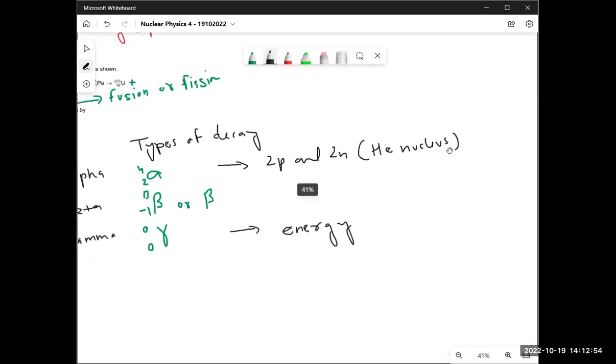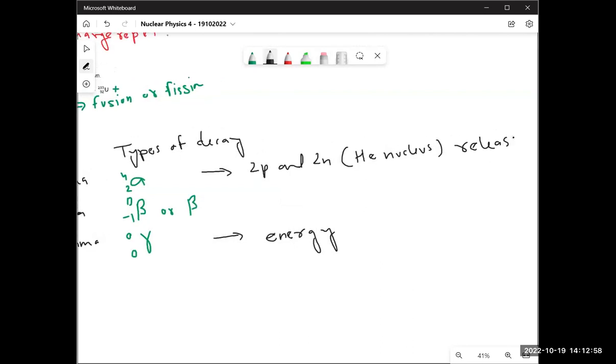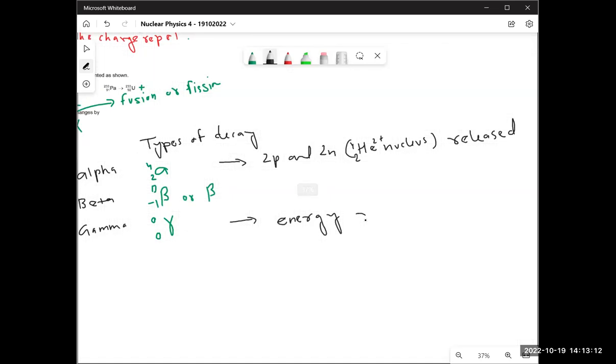Write this in your notebook: He, helium nucleus, released, because helium nucleus is He4 2+. Write it like this: He4 2+. Over here in gamma, energy is released.